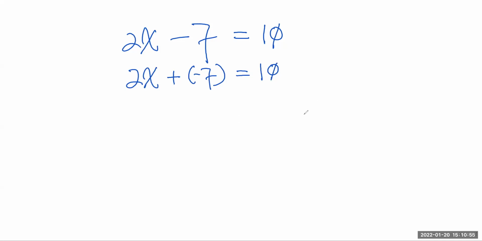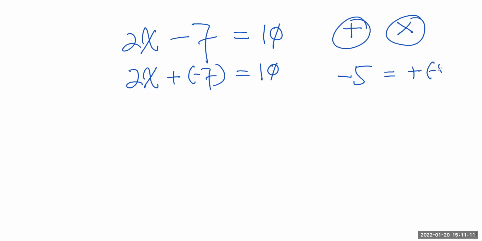In algebra, we're dealing with addition and multiplication, the two we're dealing with. So subtraction we can write as like -5 is basically the same as adding -5. Okay. So we're going to add the opposite.